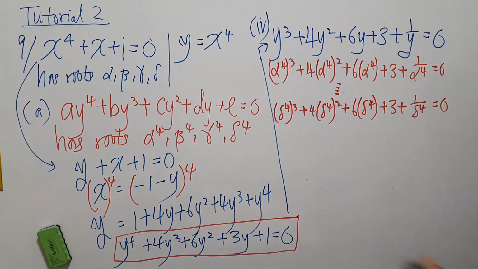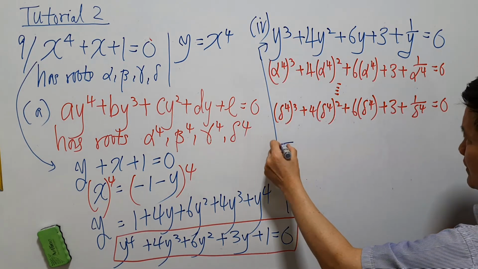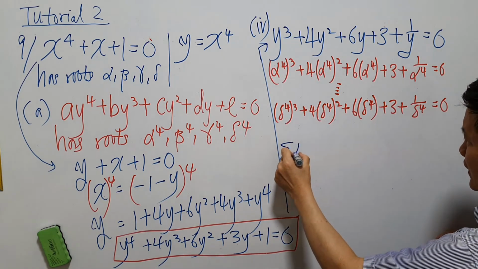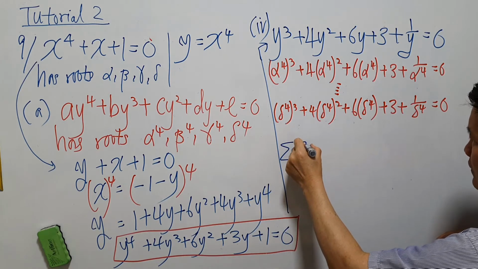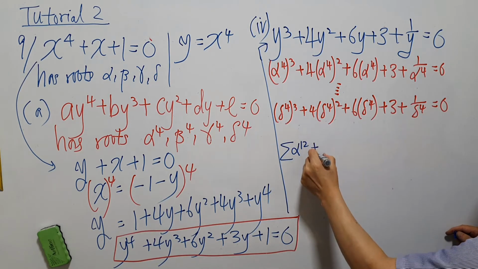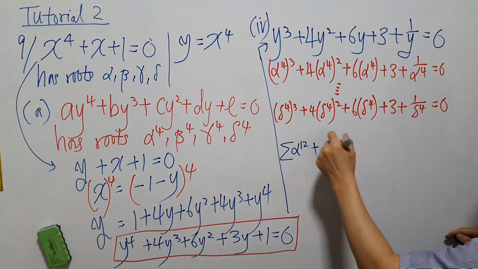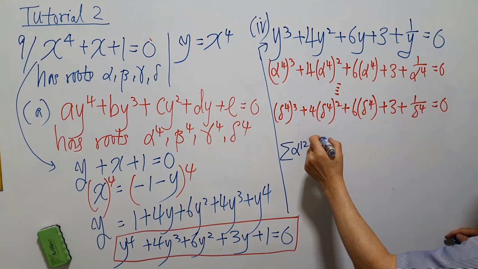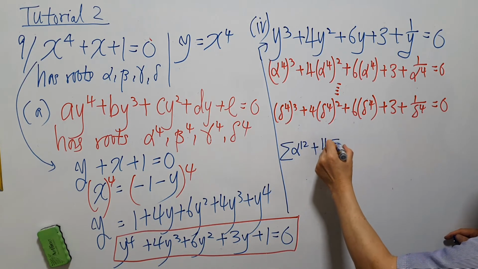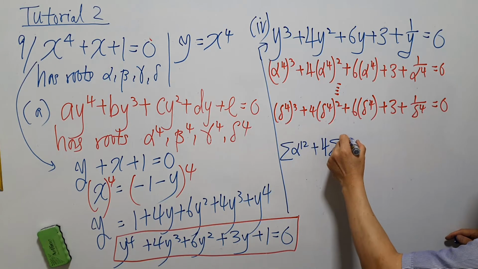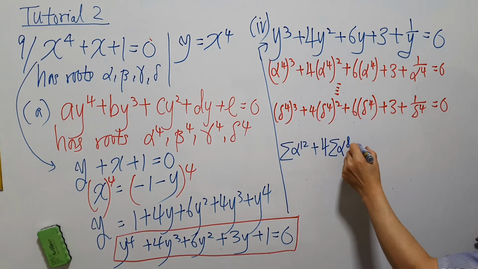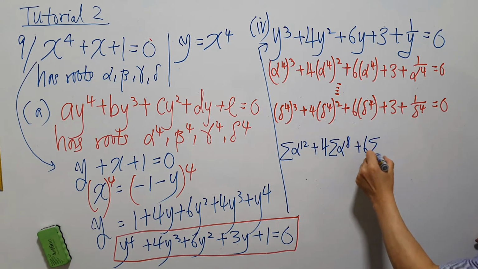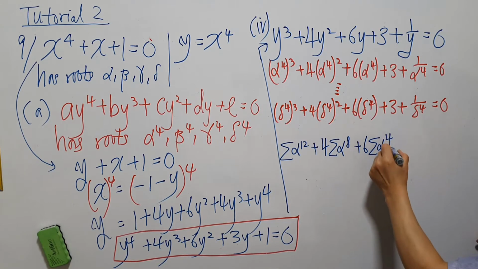So if I add up vertically, these 4 terms give me summation of alpha to the power of 12. The next one will be 4 summation alpha to the power of 8, plus 6 summation alpha to the power of 4.